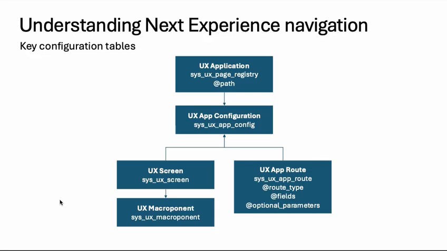So you have screens and app routes all connected to your app configuration. A screen is an area of content, a content pane within your experience, and an app route is how you get to your UX screen. Inside your screen, you have one parent macroponent with a bunch of little macroponents nested inside of each other. Those are how you have the different components on the page.